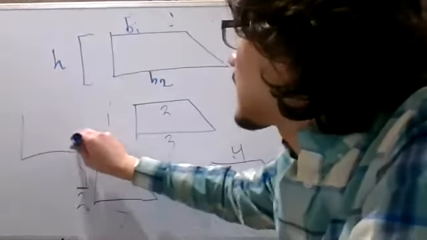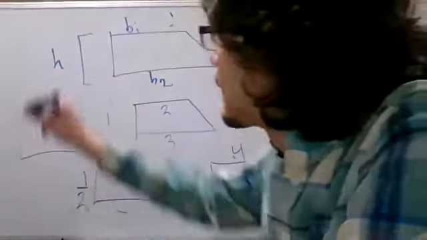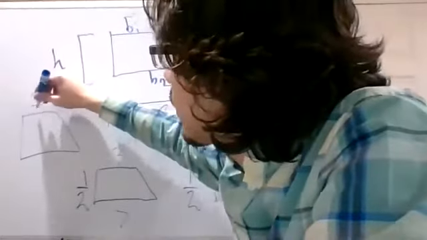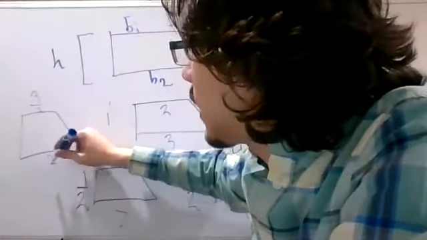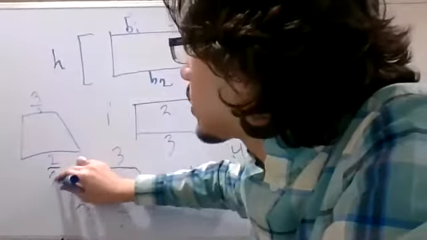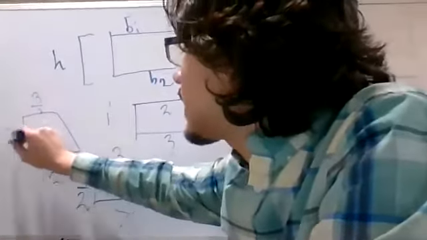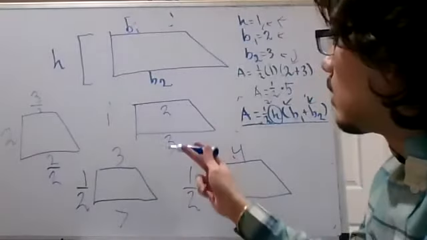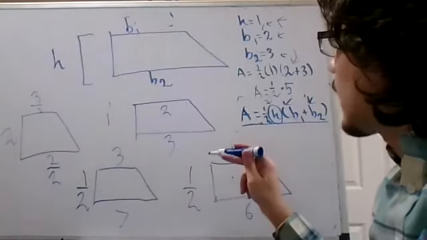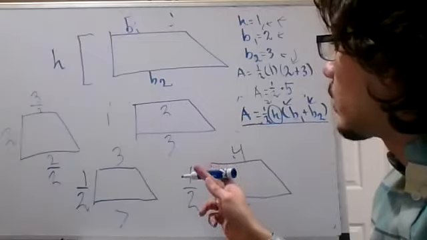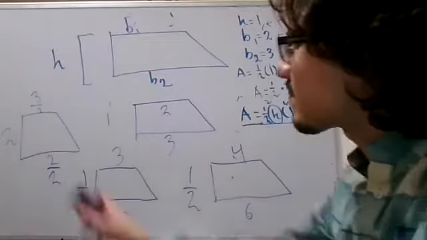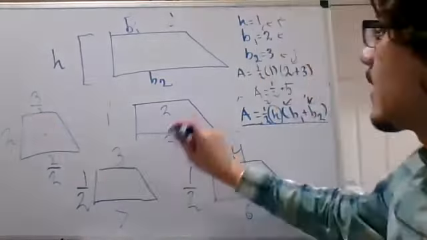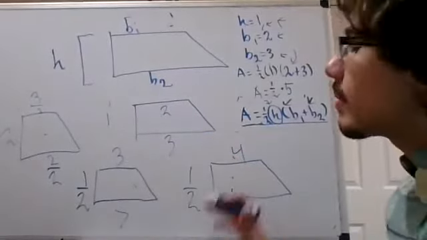So that means, let's say we had 3 over 2 and 2 over 2, and we had 2 here. This would also come out to 5 over 2. So this would also have the same area as these. This is what I'm trying to get at.